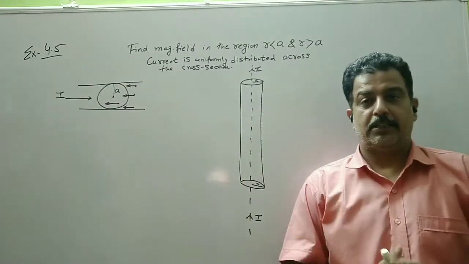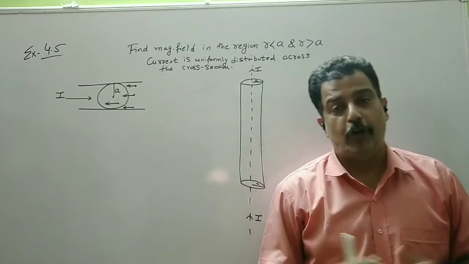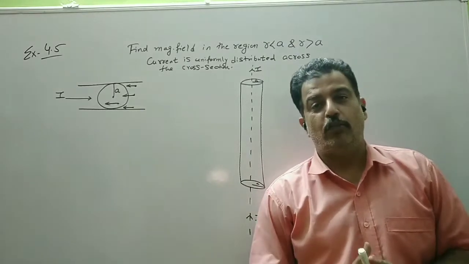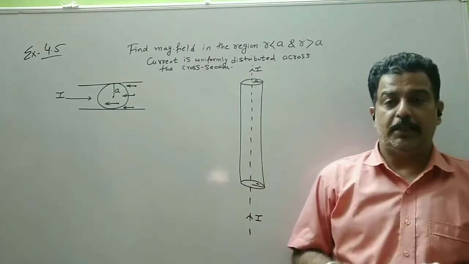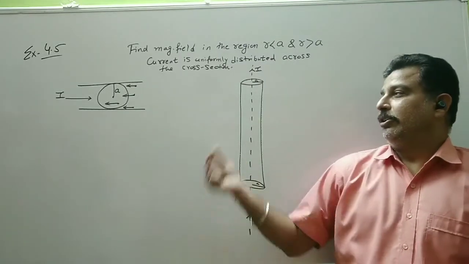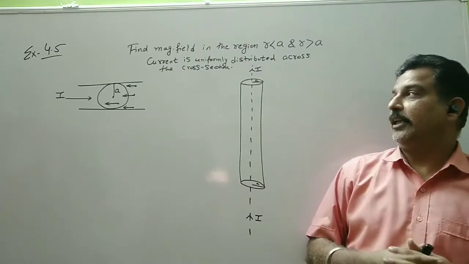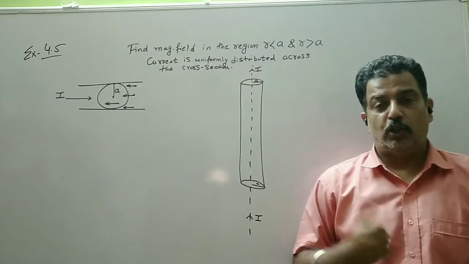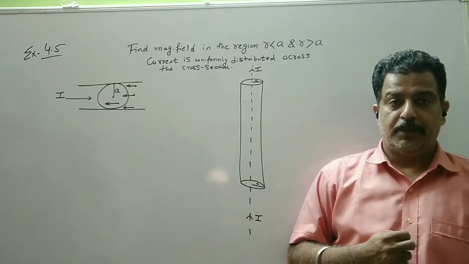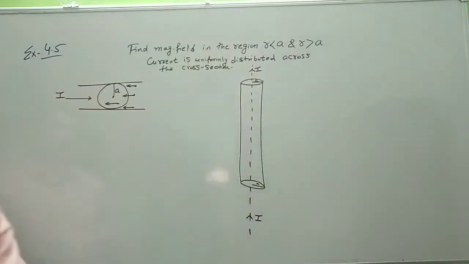In the previous lecture, we applied Ampere circuital law for an infinitely long wire. The wire was assumed to be a thin wire. Here we have the cross-sectional area. We assume there is a thickness, or let us say the current is flowing through a solid cylinder. Now all the charges are uniformly distributed on this surface that is shown here.